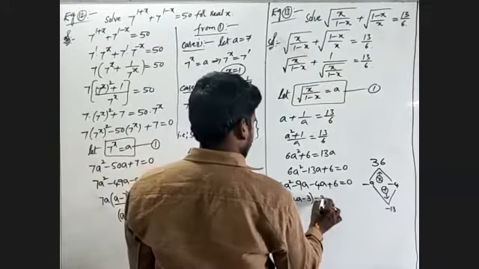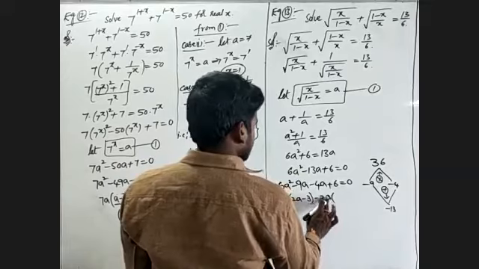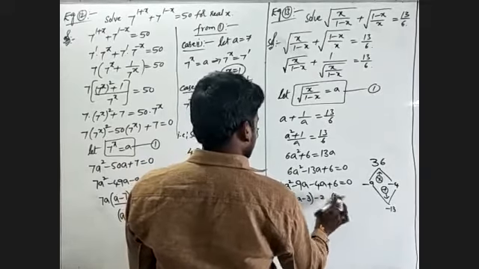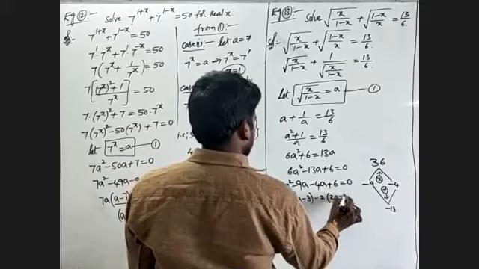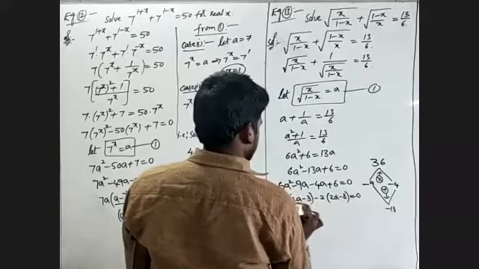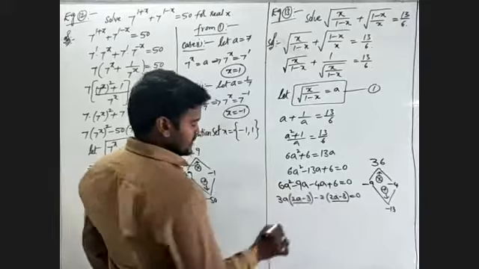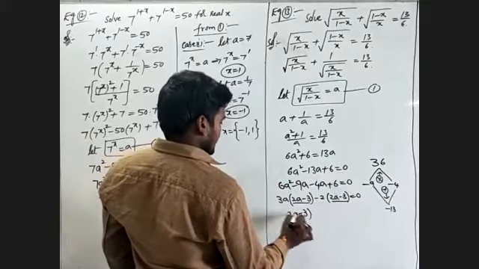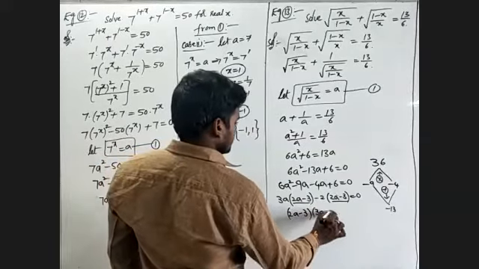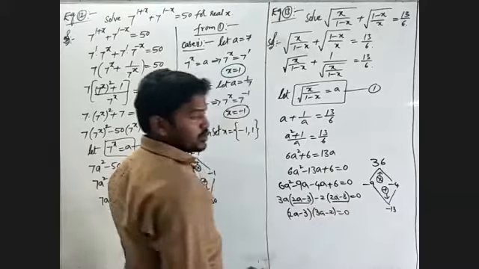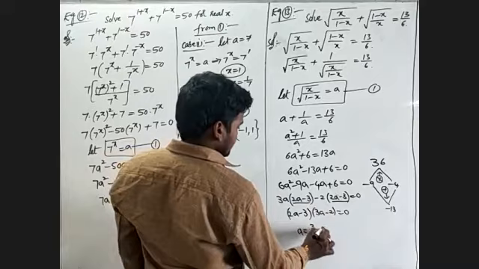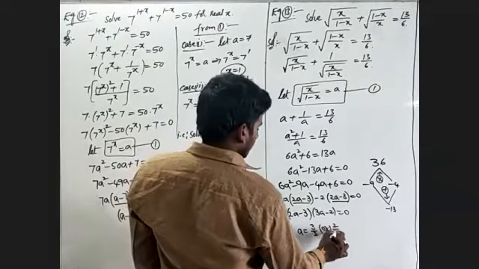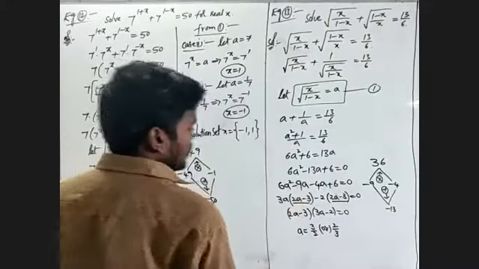Again, I will take minus 2 common, and the remaining is 2a minus 3. So 2a minus 3 is equal to 0 and the common term is 2a minus 3, remaining 3a minus 2 is equal to 0. Comparing both, a is equal to 3 by 2 or 2 by 3.